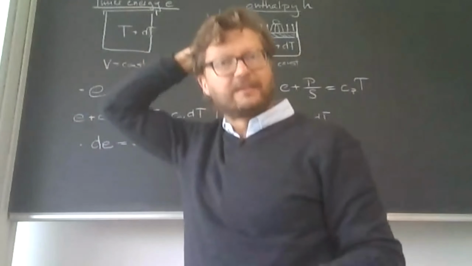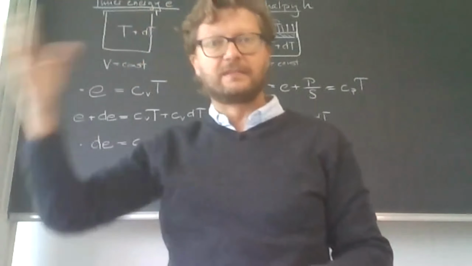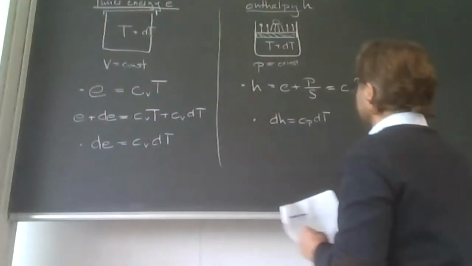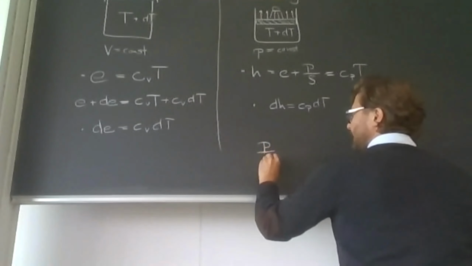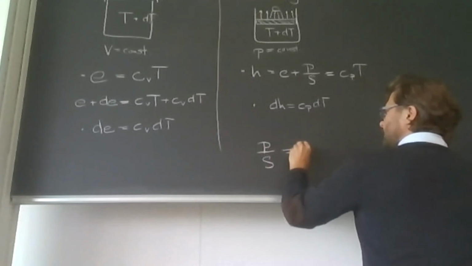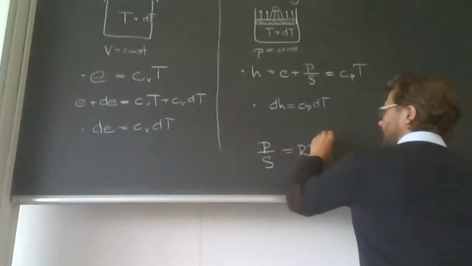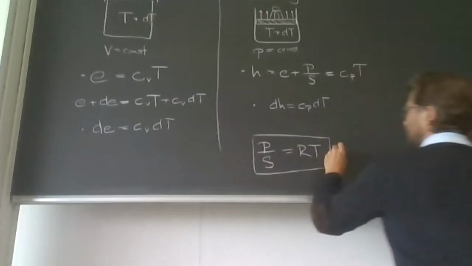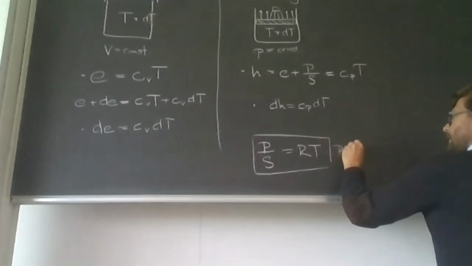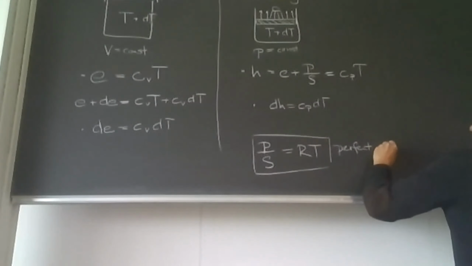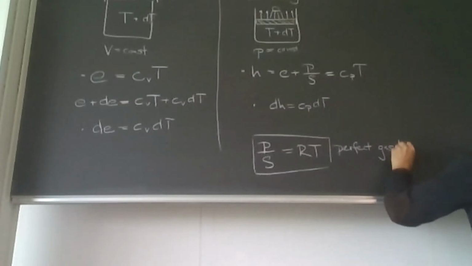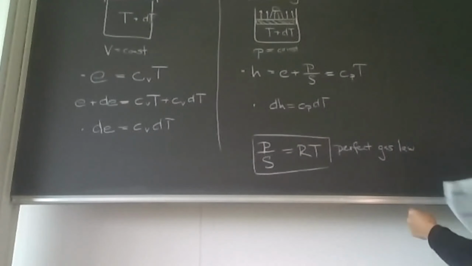We can use the specific gas constant R that we defined from the perfect gas law. Let me write it down again. P over rho equals RT. This is the perfect gas law.